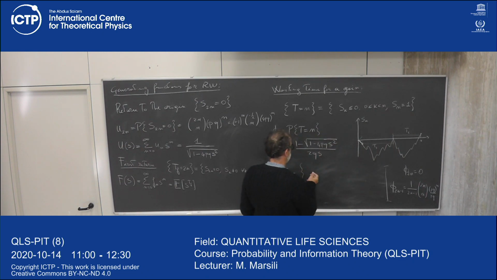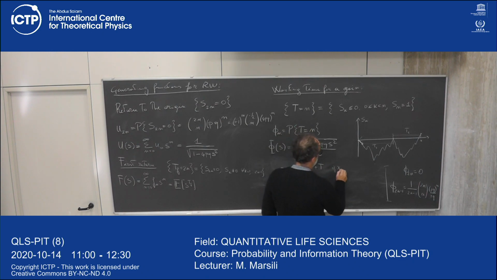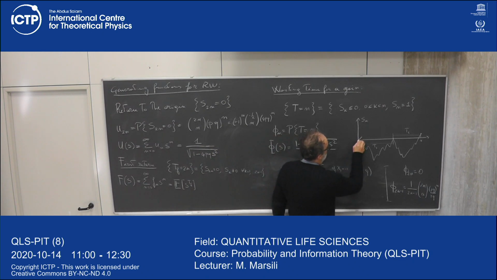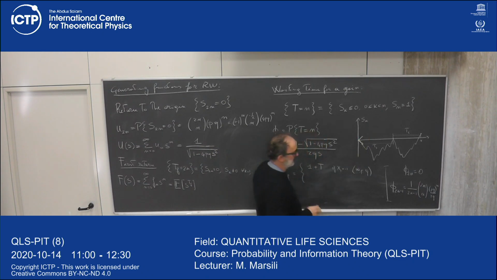So this is 1 plus a first random variable which has exactly this distribution here, if X1 is equal to -1, that occurs with probability q. Now what happens if the first step is on the positive side?